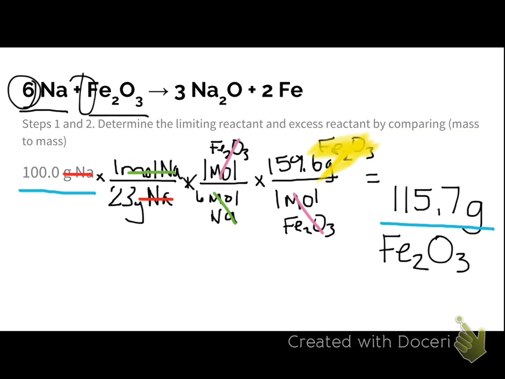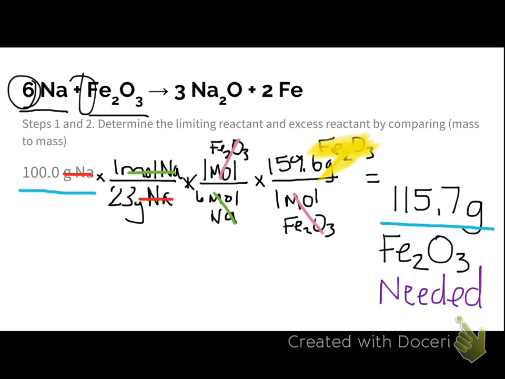So one thing that you can do when you are done doing this first step of math is write that 115 grams is needed. Okay? It's going to help you sort what math came from what. So that means I need 115.7 grams. Well, if you go back to the problem, how many grams do I have? I only have 100.